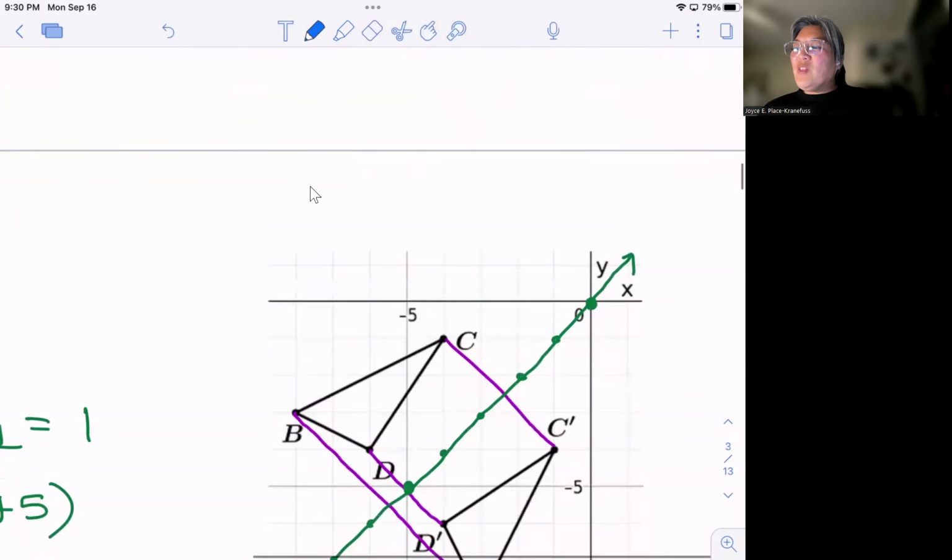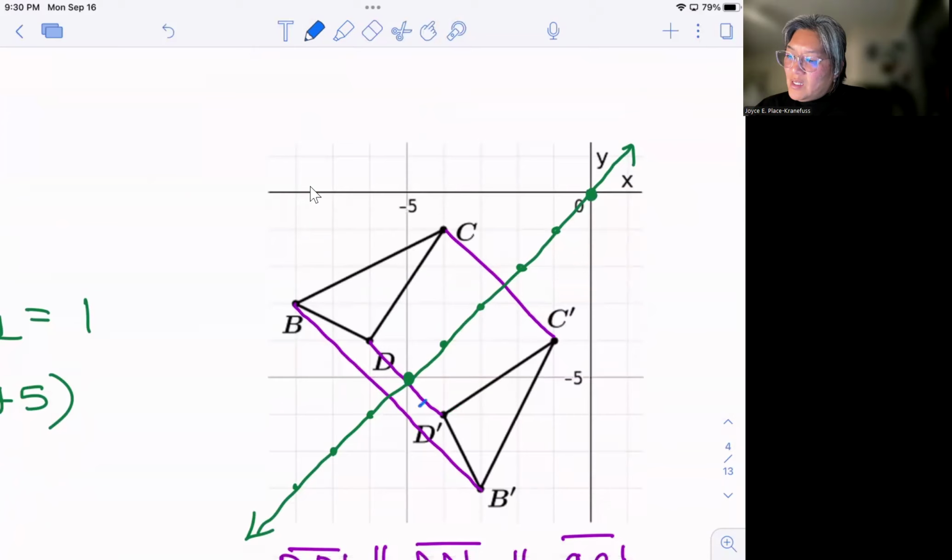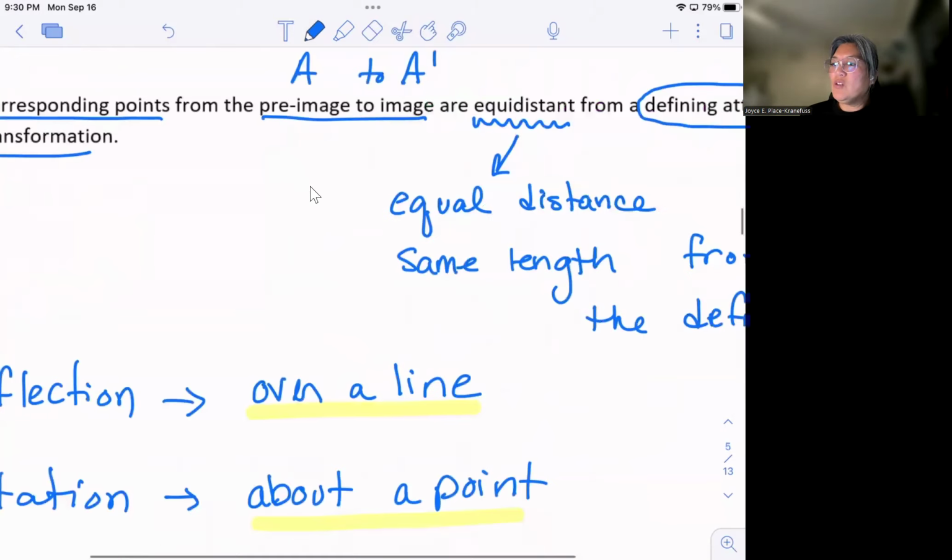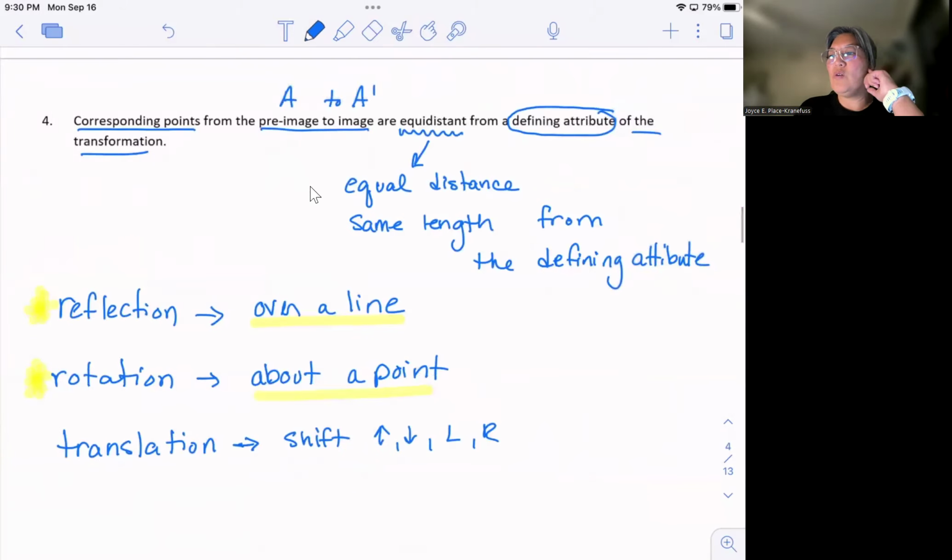When I reflect it, notice those two distances. These two distances are the same. Now, from the line of reflection, B to B prime is not the same distance as C to C prime, but the distance from the line of reflection is. So when we look at those words again, corresponding points from the pre-image to the image are equidistant from a defining attribute.